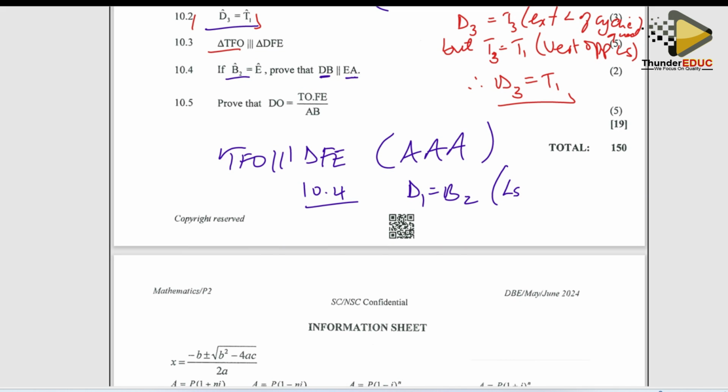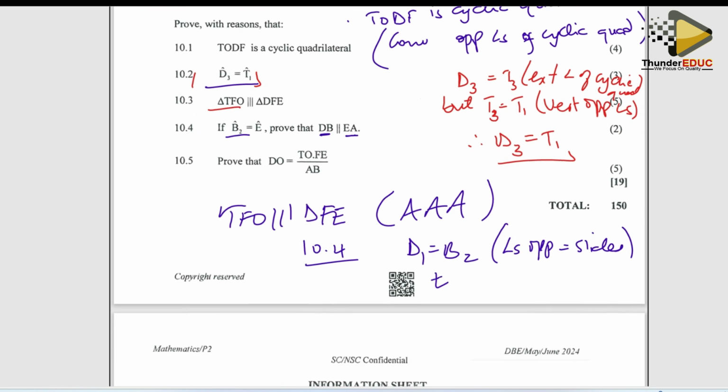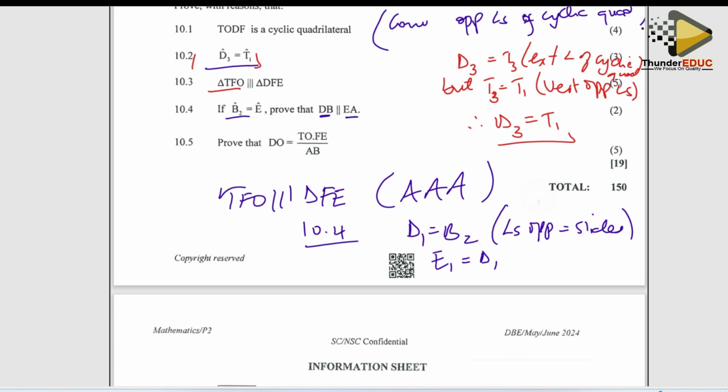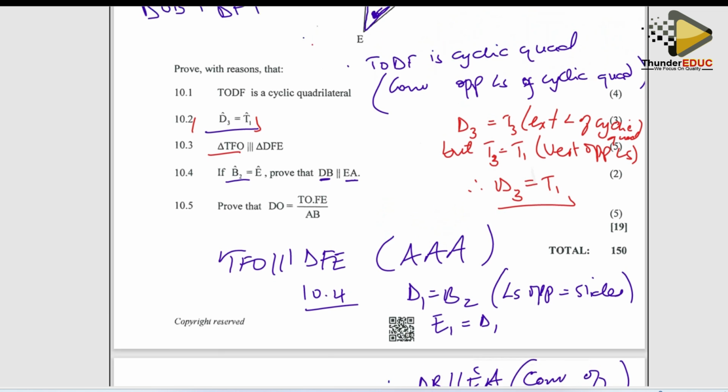So it's going to be angles opposite equal sides. Okay, so if this is also the same, now we can say that E is the same as D1. So E is the same as D1. Therefore, DB is parallel to EA, with the reason being the converse of corresponding angles. Those angles are corresponding.